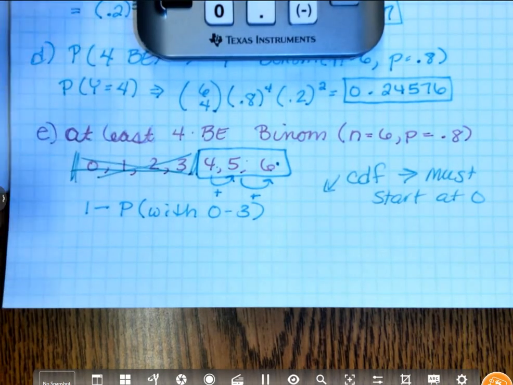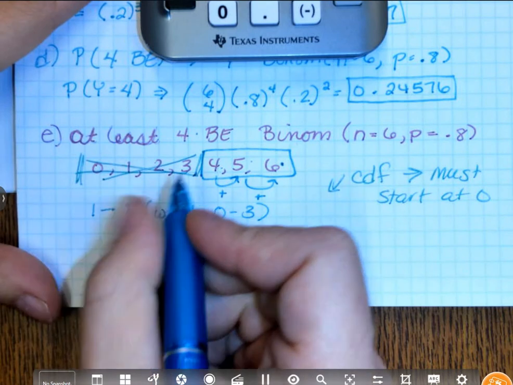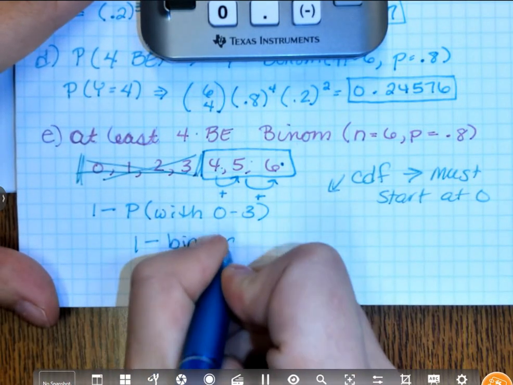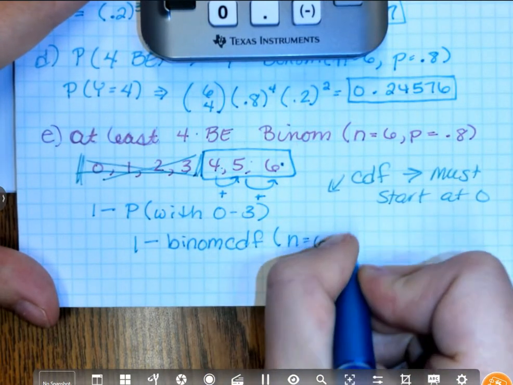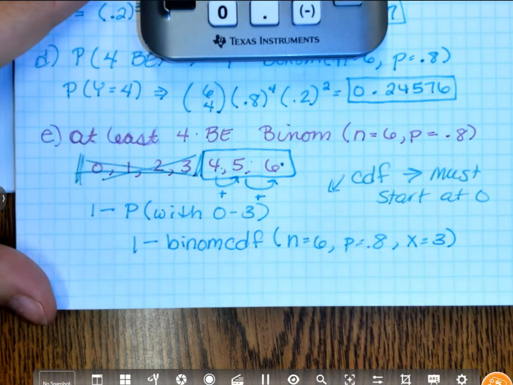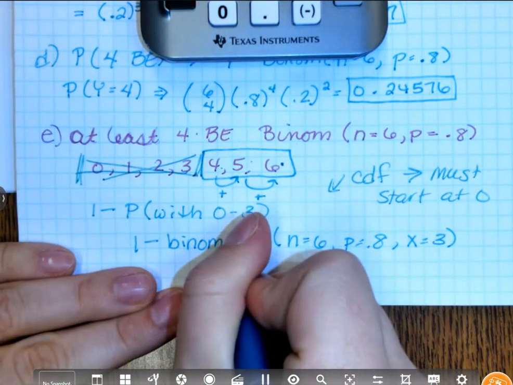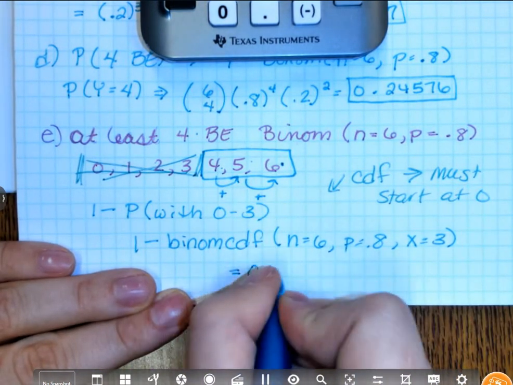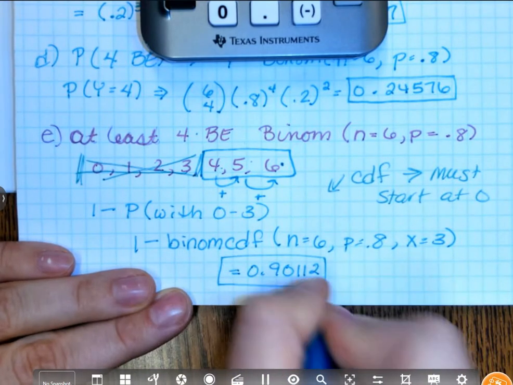And by the way, this is the one place where CalcSpeak is acceptable for your work. 1 minus binomial CDF, where n is 6, p is 0.8, x is 3. And that gave me 0.9011. And if you want the 2, go for it.